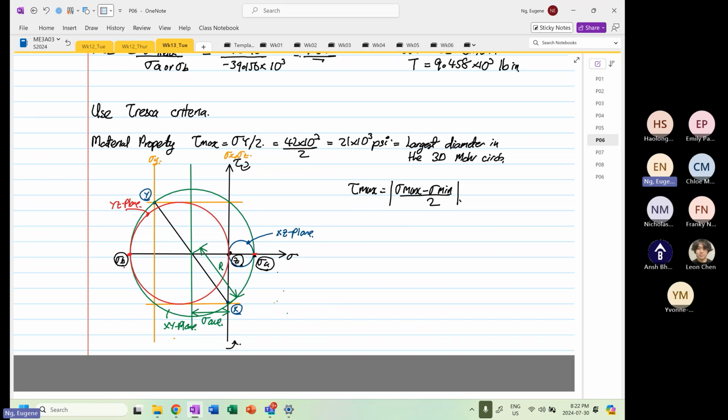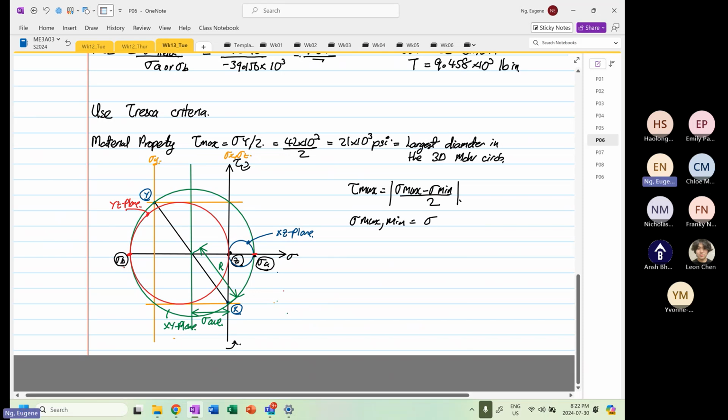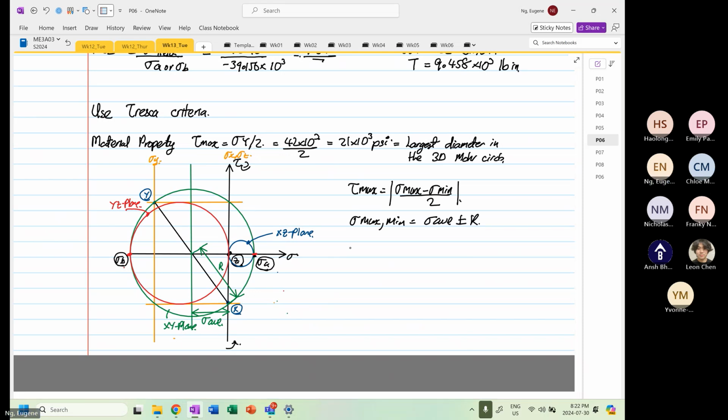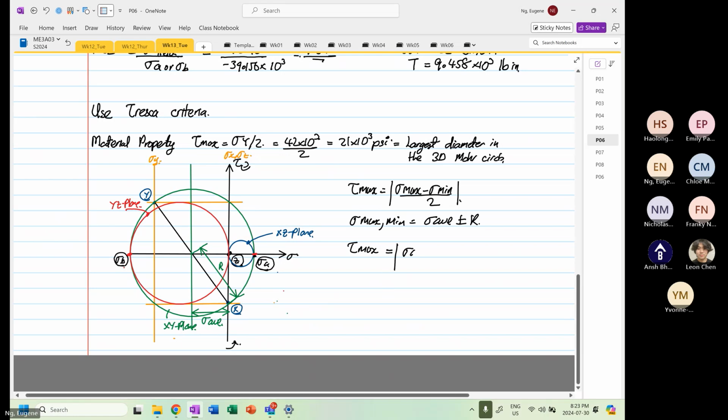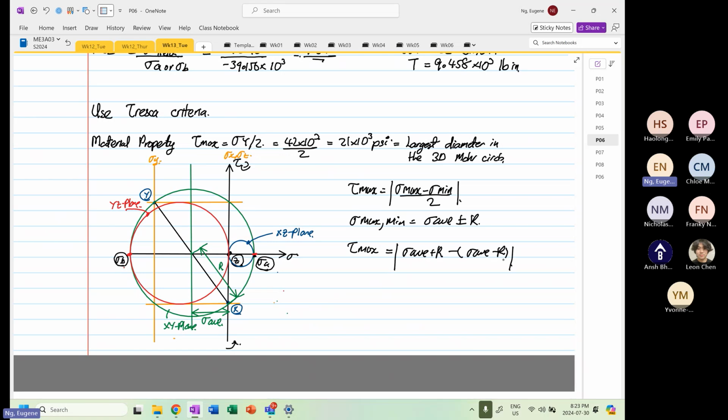So we know that stress max, we did this before, and min is equal to stress average plus or minus R. So we know that tau max is equal to what? Stress average plus R minus stress average minus R, and then the whole thing divided by 2.